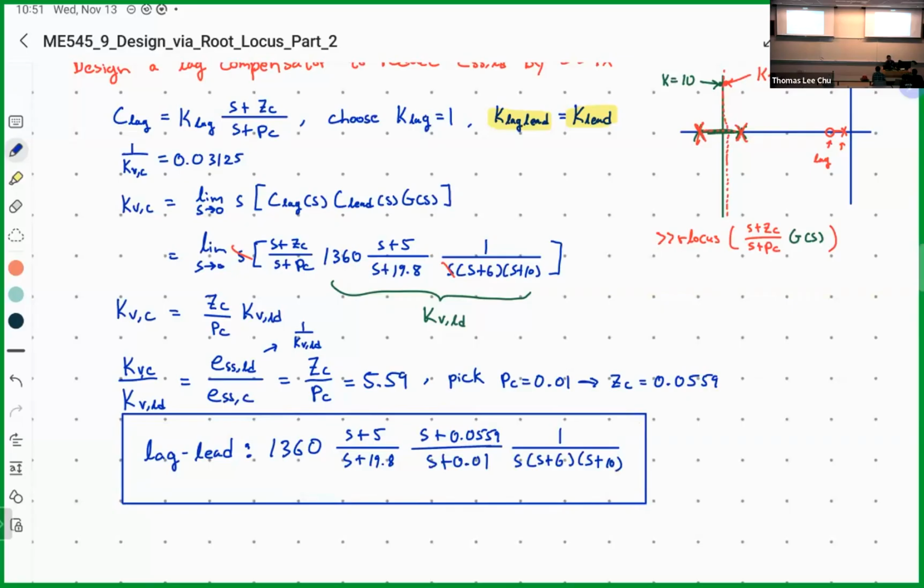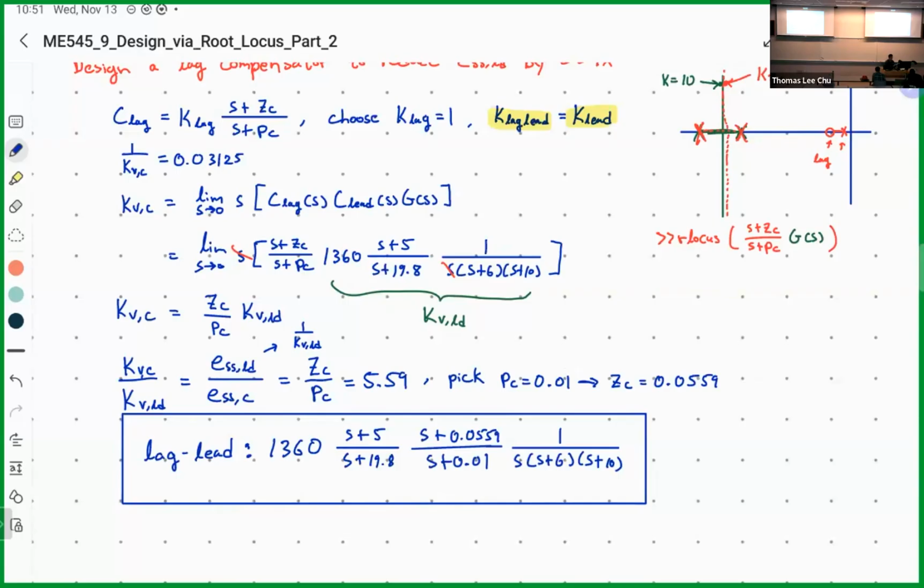Picking the pole, you can pick an arbitrary small value. You're limited by the actual hardware of where the pole can be based off of resistor and capacitor choices, but for this class, any value you want is fine. I would avoid anything smaller than 0.01; I would just do 0.1, because we're going to be dealing with a very long transient time.